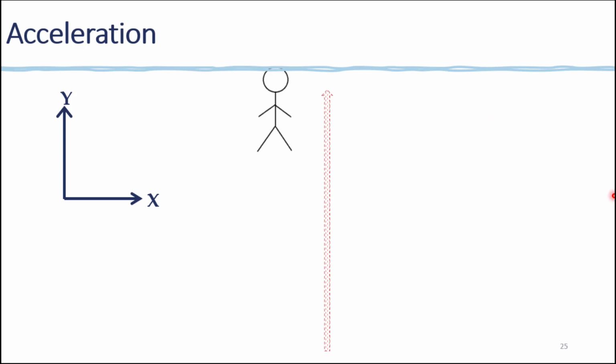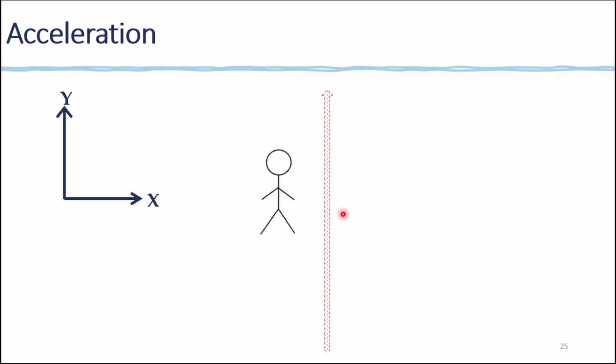Now, when you slow down and stop, your velocity north decreases to 0, and your acceleration has to be negative since you're slowing down in this positive direction upwards. So this can also be described as acceleration in the south direction.